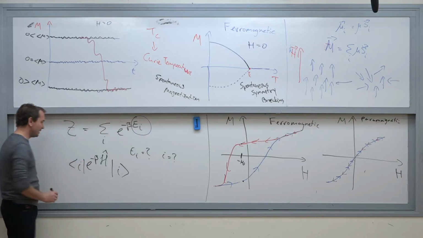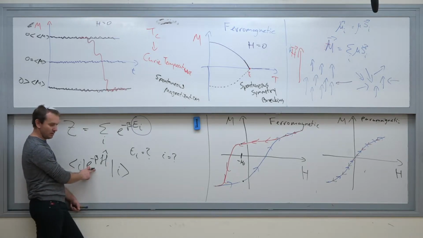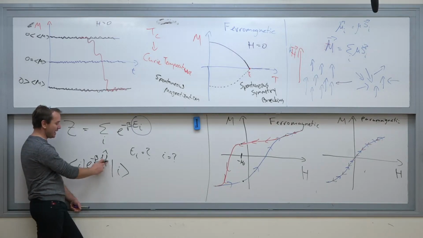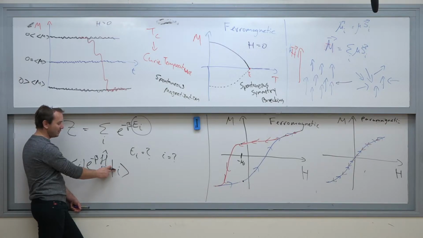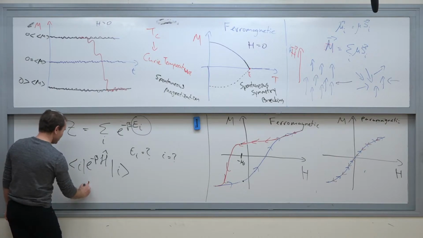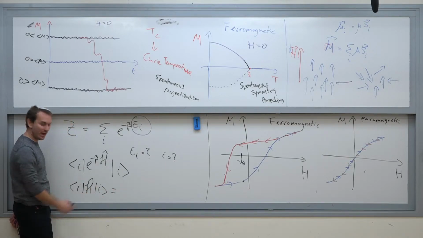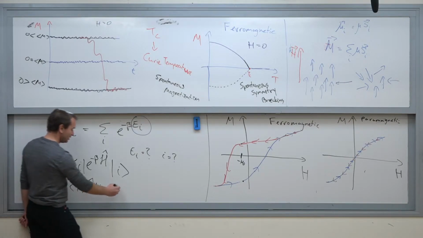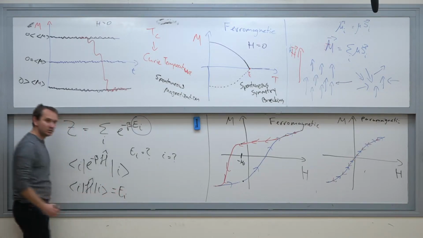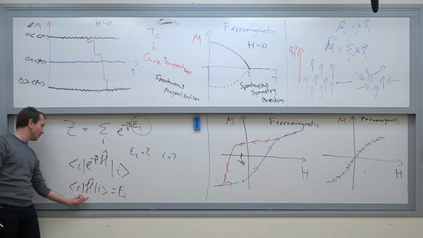So if we use the bracket notation, e to the minus beta H operating on i will give us something. What is this something? If the Hamiltonian is operating on i, the answer is simply E_i, the eigenvalue of the Hamiltonian that is associated with state i.